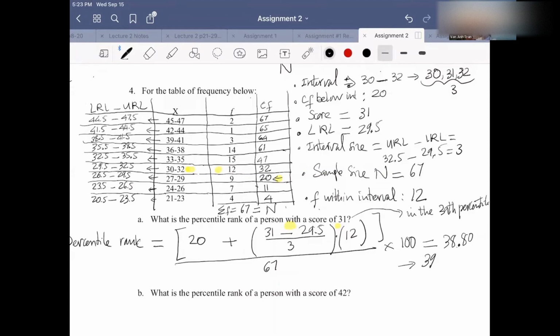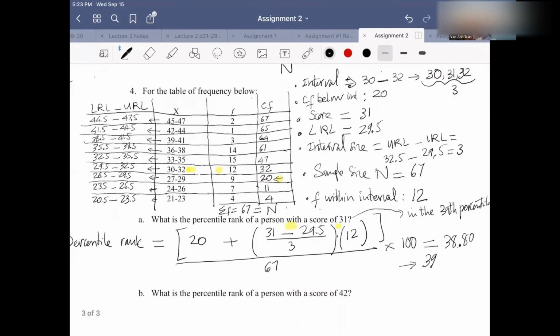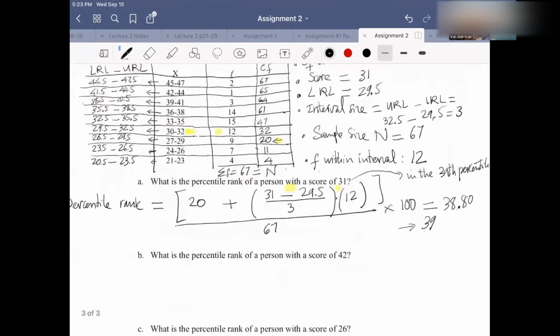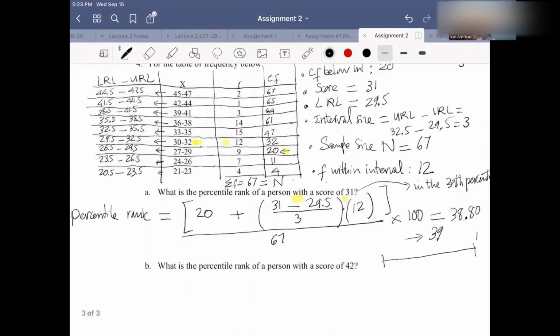What does it mean by saying that? That means that, okay, I'm gonna draw this. So let's say if I represent all the scores on this number line by 100%, okay? Then if this is the half of it, this is 50%, where can I find the 39%, everyone? Where can I find the score 31?